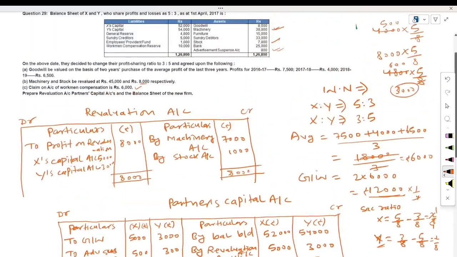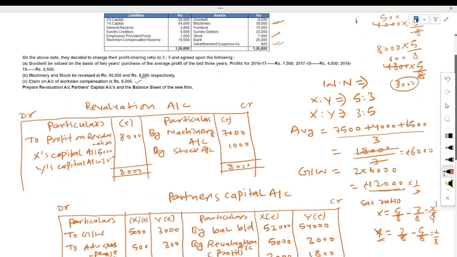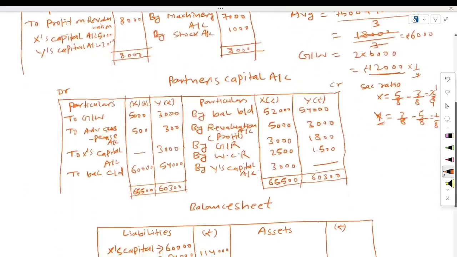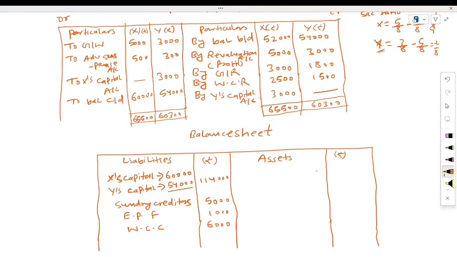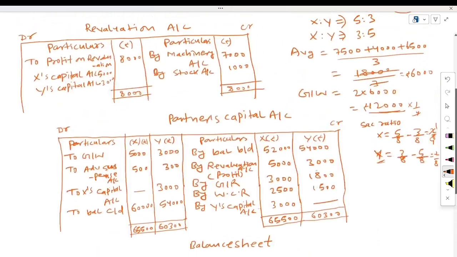Now in the asset side, what we have to mention? Machinery, furniture, sundry debtors. We will write here machinery, furniture, sundry debtors, stock, bank balance, all the things we will write in the asset side.